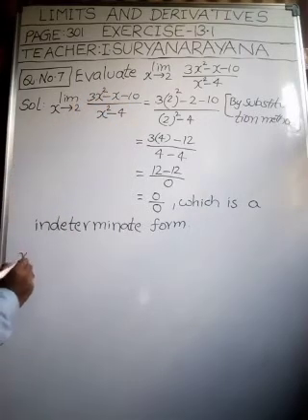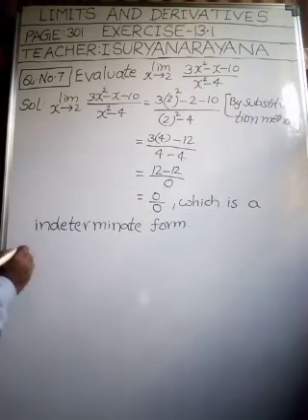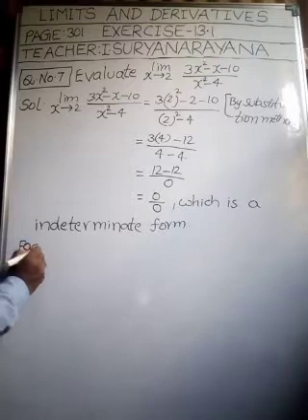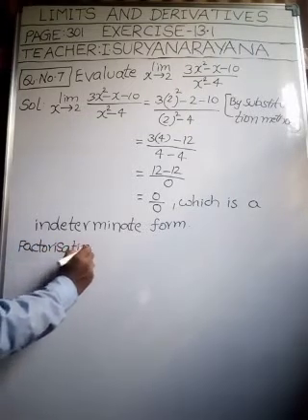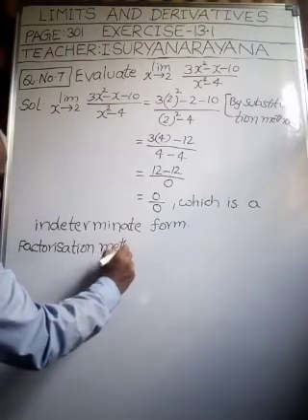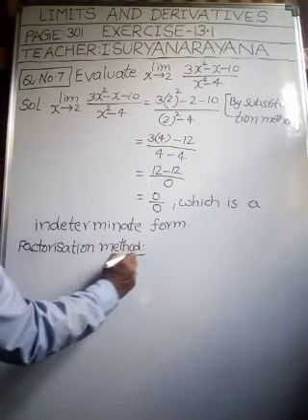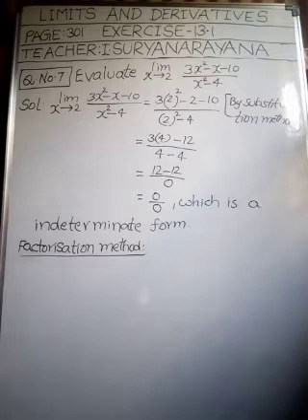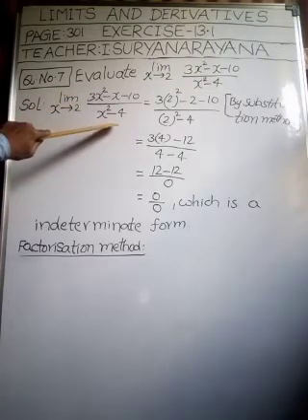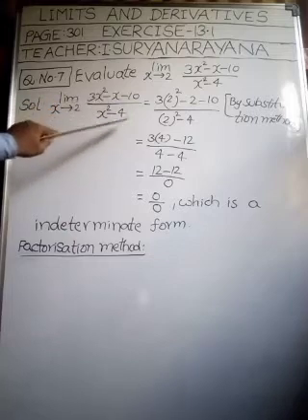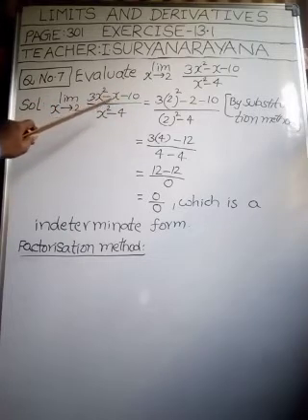Okay, my children. Here we are following the factorization method because the numerator is a polynomial and the denominator is also a polynomial. So we can factorize these two polynomials.